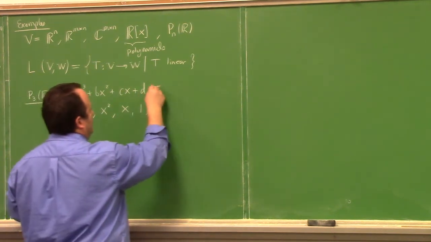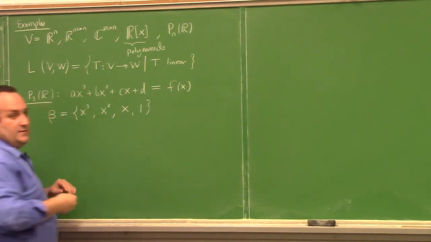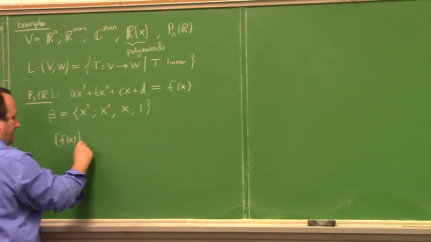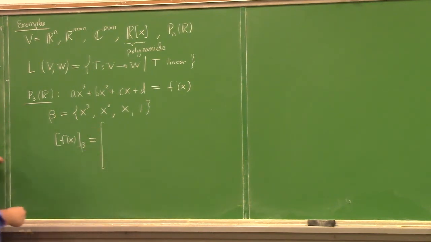If this above is f of x, what's the coordinate vector of f of x? It would not be x cubed, x squared, x plus 1, there's no x's.